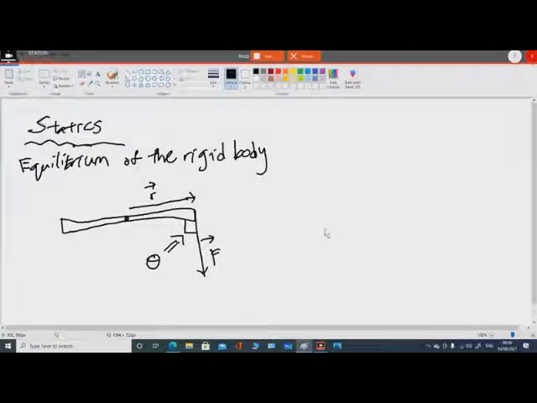For the slide plank, let's say this is our slide plank.